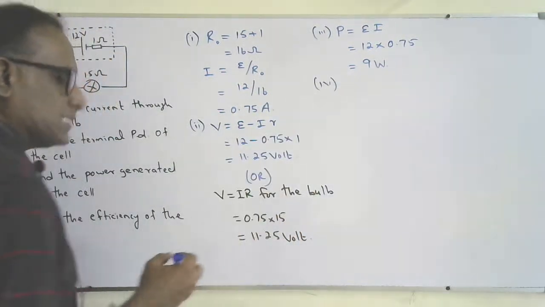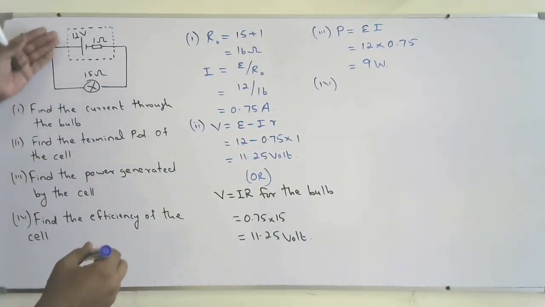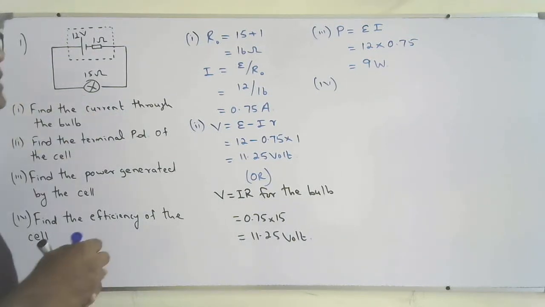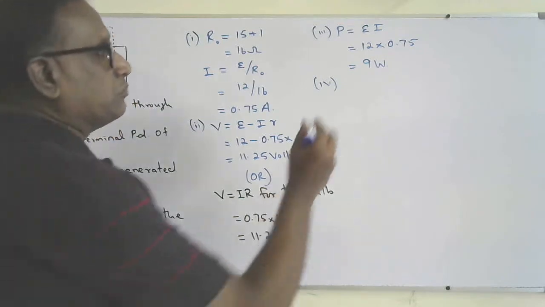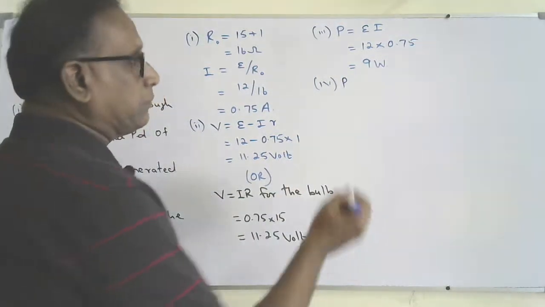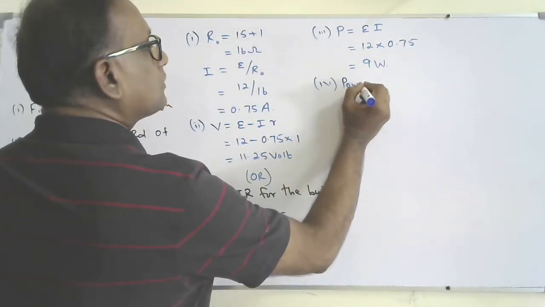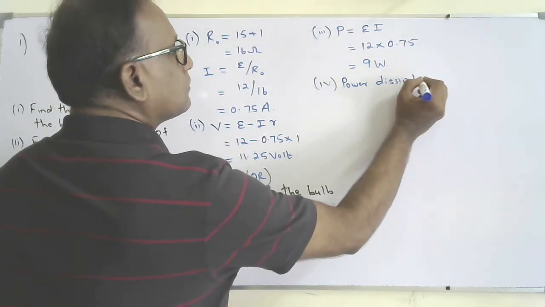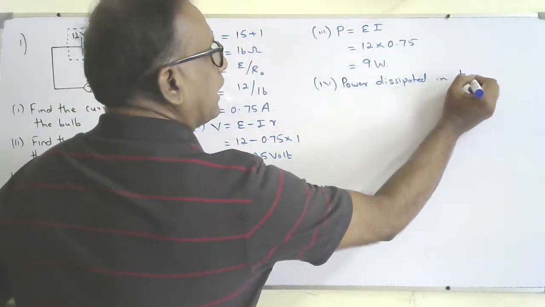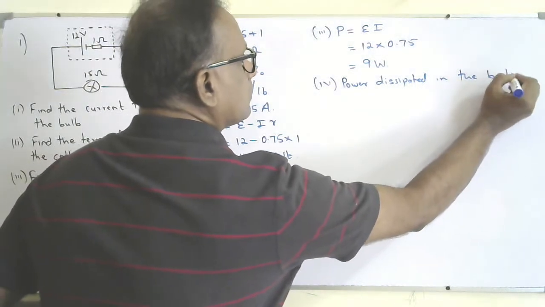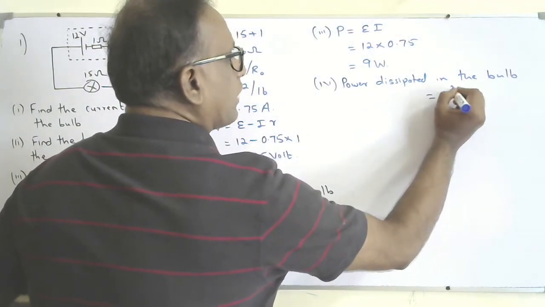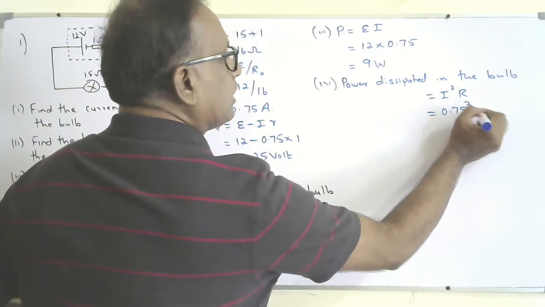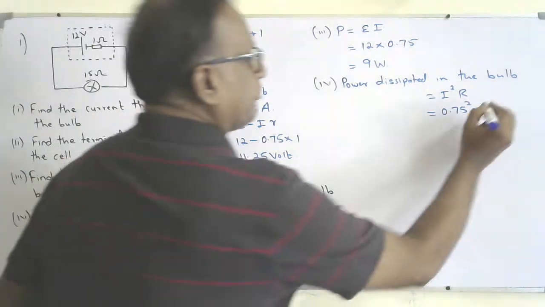Efficiency means efficiency of transferring power to the bulb, right? So we can say power transferred to the bulb, or power dissipated in the bulb, that I can say I squared R. So that will be 0.75 squared into the resistance of the bulb 15.